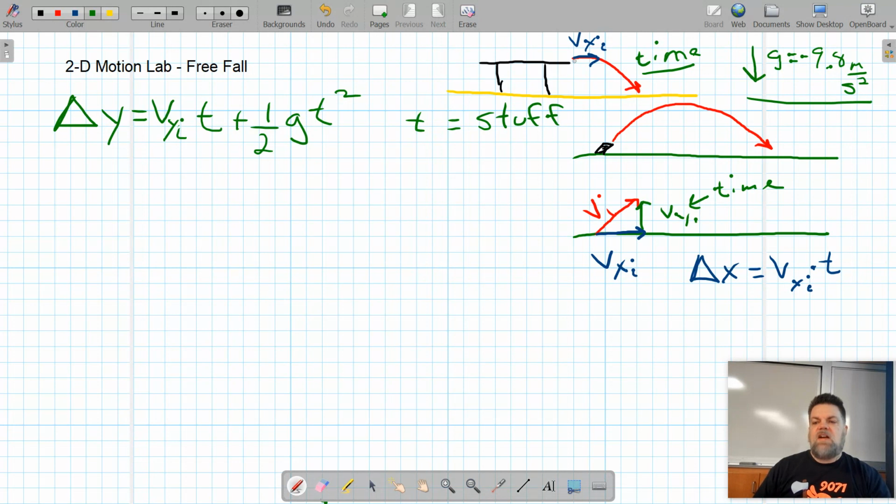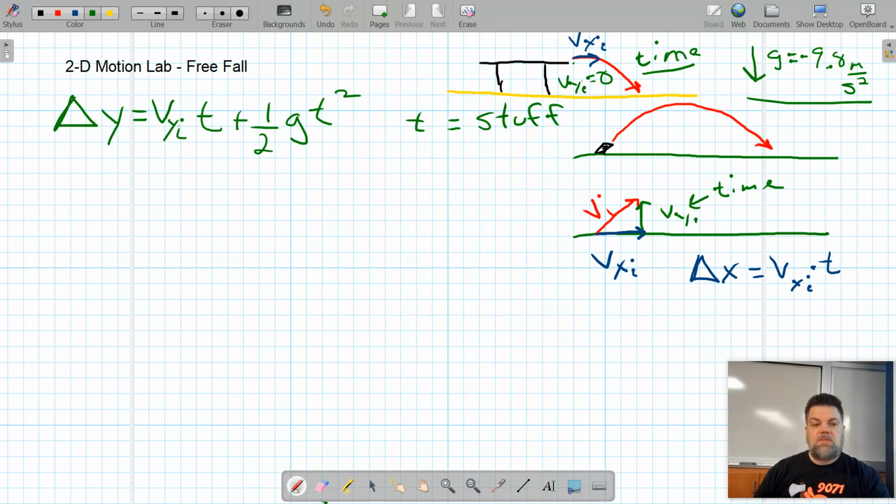The instant the dart comes out of this gun, is it moving up or down in any way? That instant in time, what is the velocity in the y direction? It's coming out of the gun like this. Is it moving up or down the instant it leaves the dart gun? No. So the velocity, v sub y initial, is equal to 0.